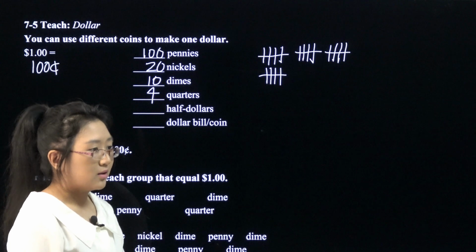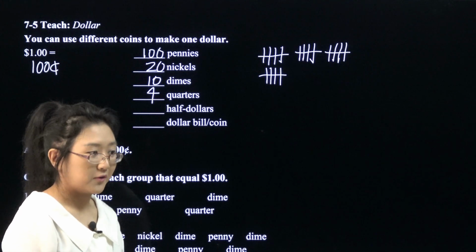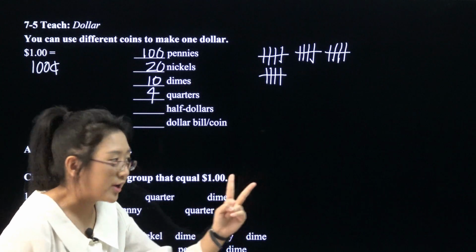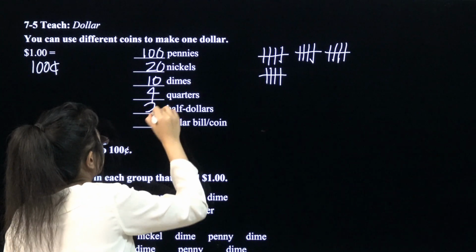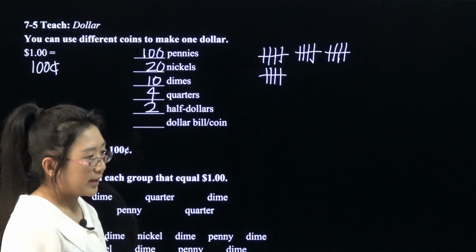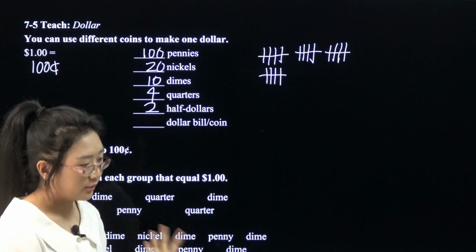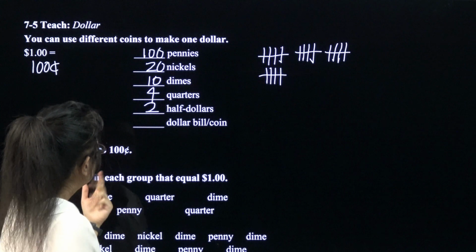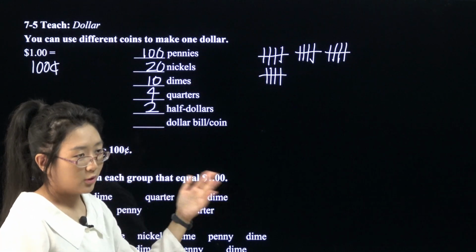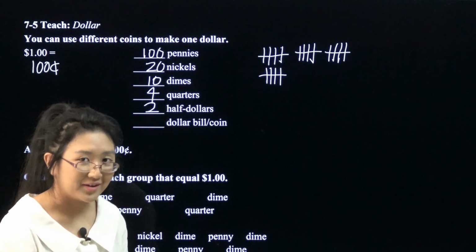Half dollars? Well, it's called half dollars for a reason. 50, 100. You only need 2 to get to $1. What about a dollar bill or a dollar coin, which is called a loonie in Canada? Well, it's called dollar bill or dollar for a reason.